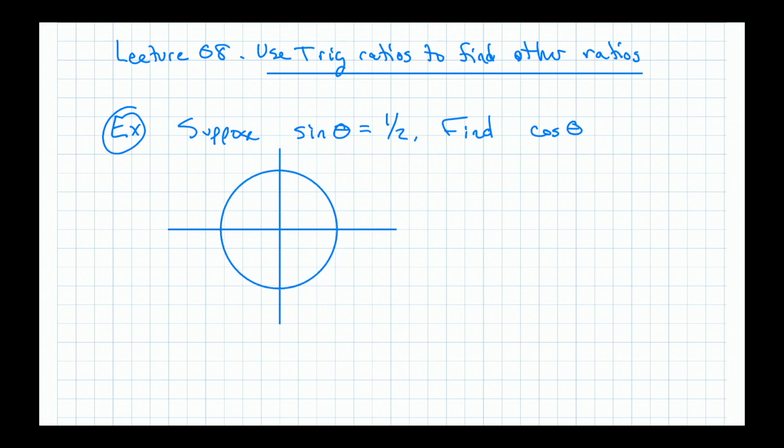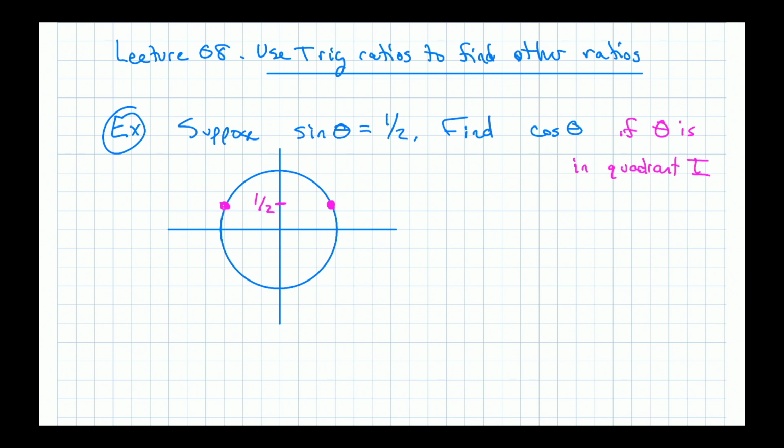So you'd have to go to the unit circle and say, okay, well, sine theta is 1/2. That means the y value is 1/2, which means it's over here or over here. So maybe they gave you another piece of information, like find cosine theta if theta is in quadrant 1.